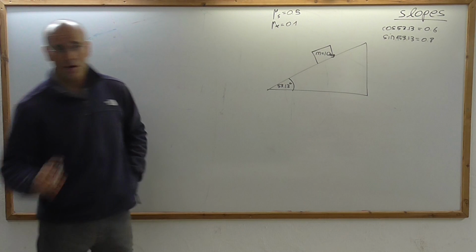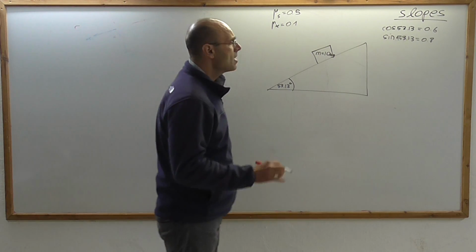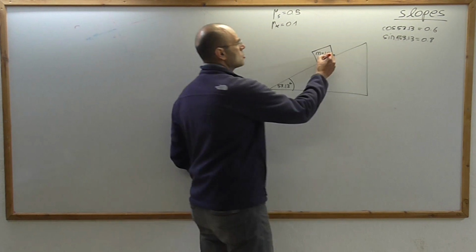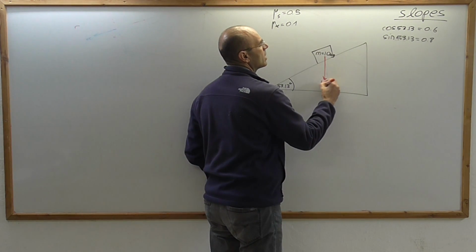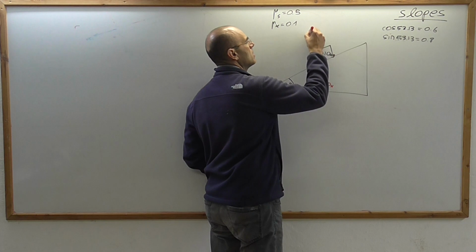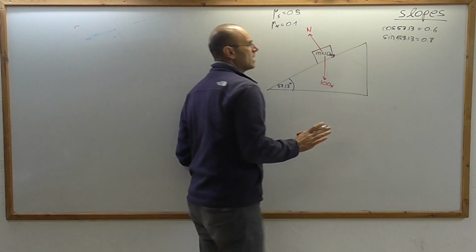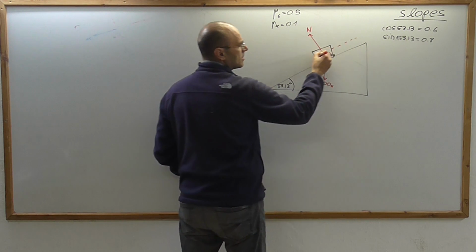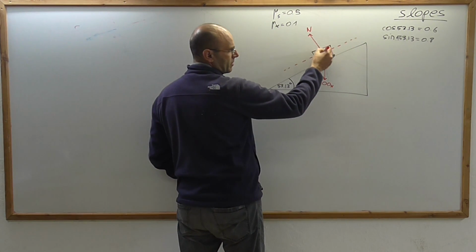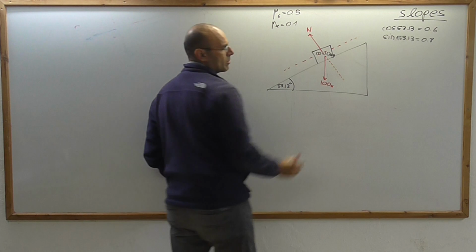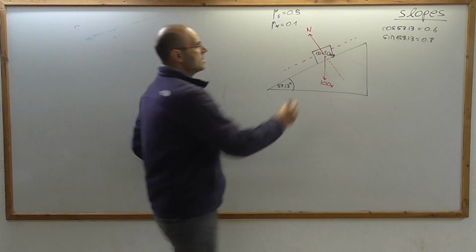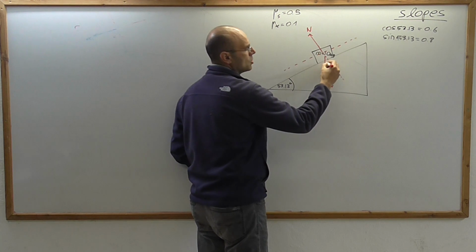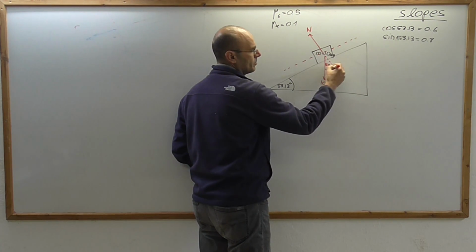Okay, so I remind you how we deal with these problems. First of all, we apply forces without friction. So we have 100 newtons, the normal force, and that's it. Now, I know that this is the x axis and this is the y axis. This angle is the angle between the y and the mg, it is always the angle of the slope.